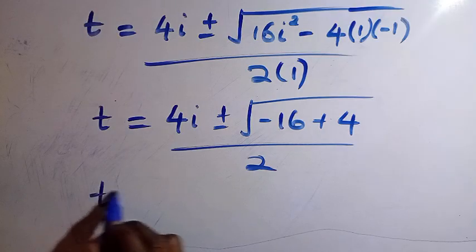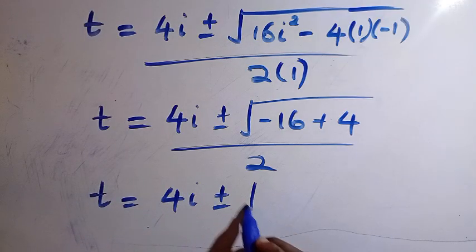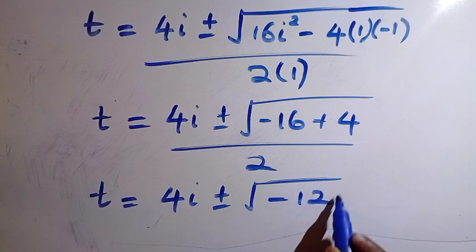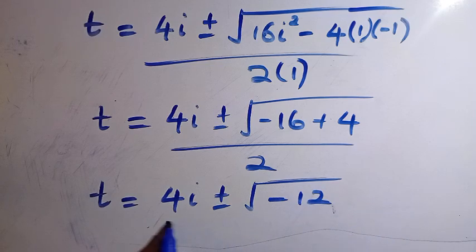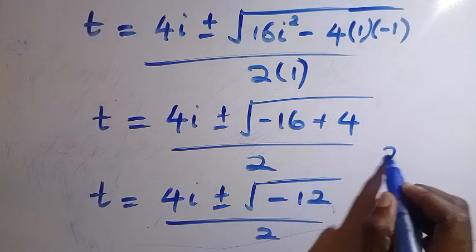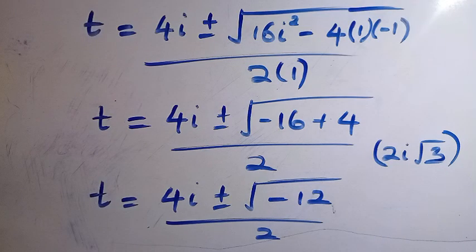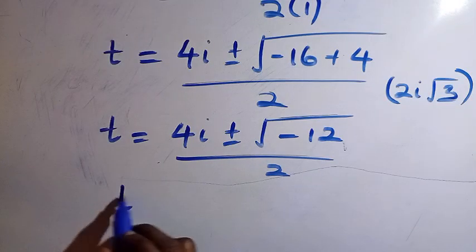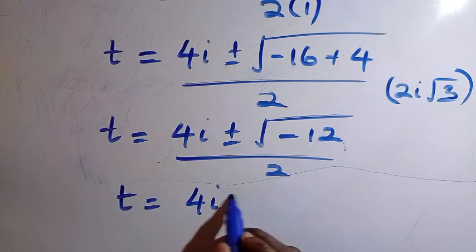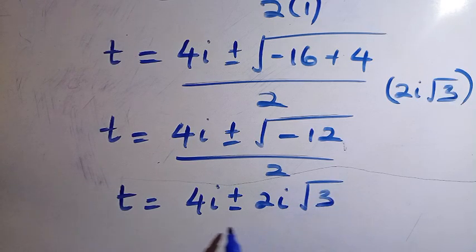So for this we have t equals 4i plus or minus the square root of minus 12, divided by 2. But the square root of minus 12 gives a complex number, and that gives us 2i root 3. So we have t equals 4i plus or minus 2i root 3, all divided by 2.